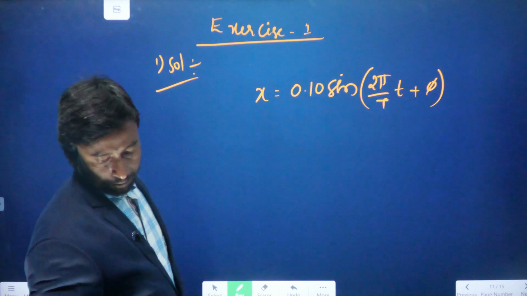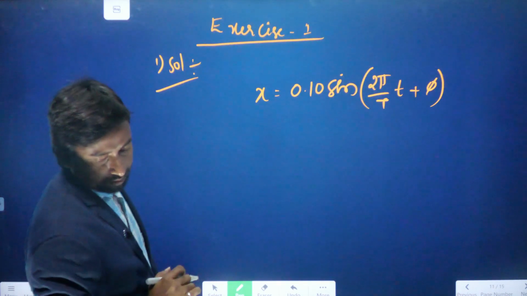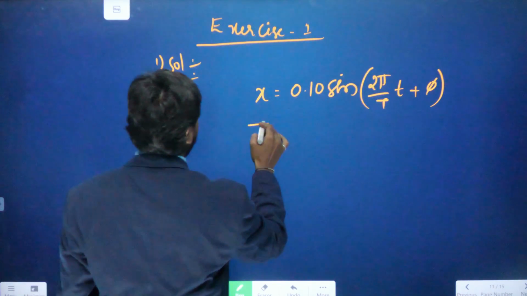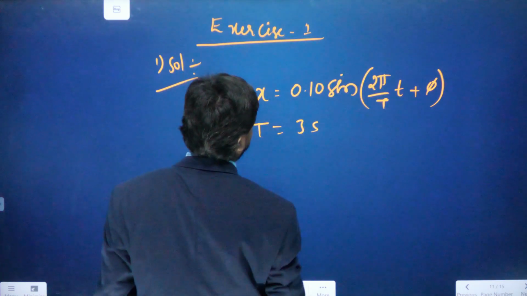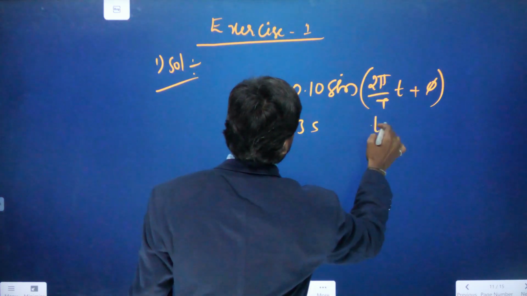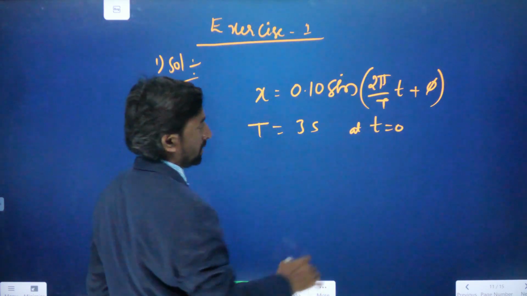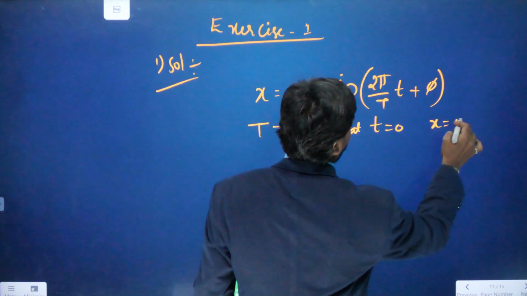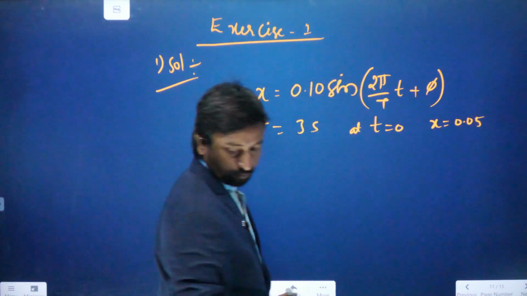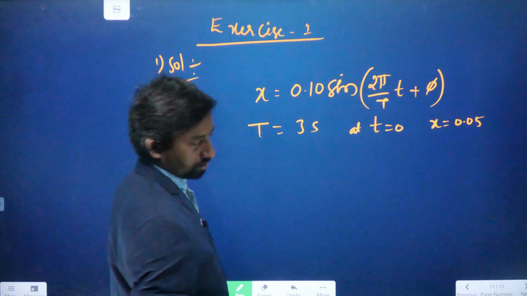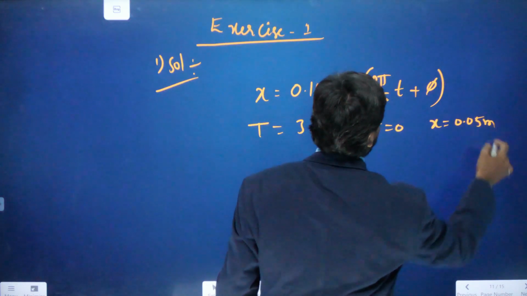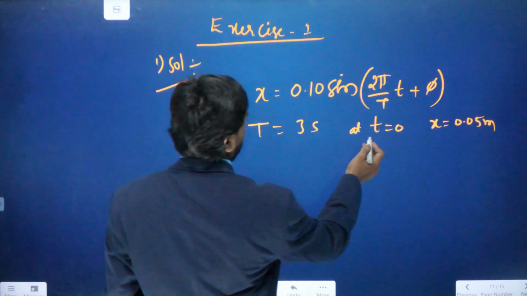They said all quantities are in SI units and the time period is given: T equals 3 seconds. And at t equal to 0 seconds, the displacement x is 0.05 meters. So now t is equal to 0.